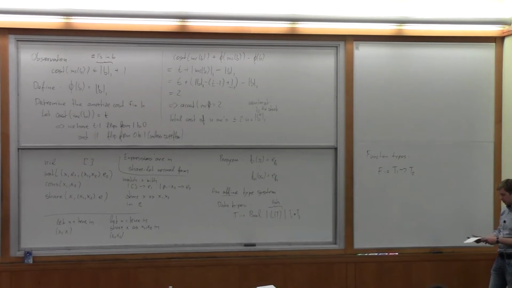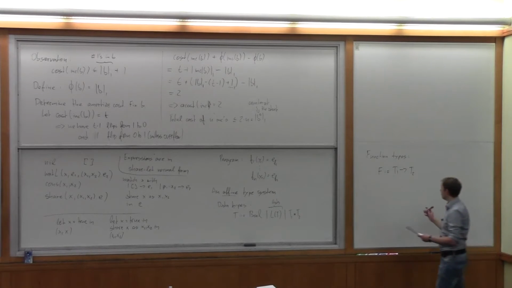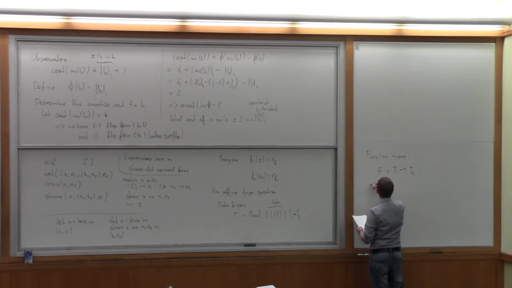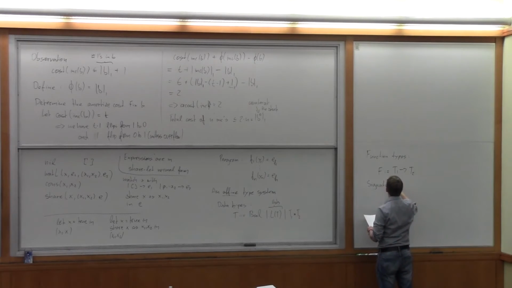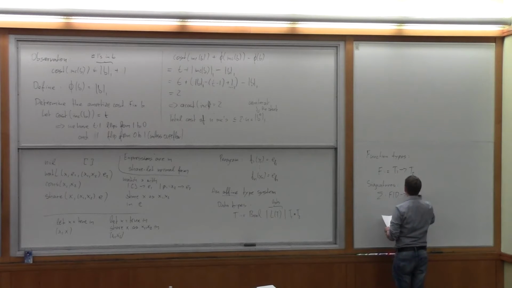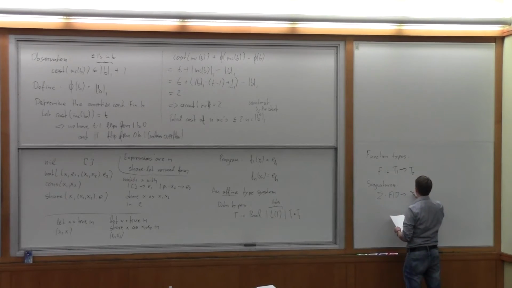And in our type system, we're going to have function signatures, sigma, that map function IDs, function names, to function types.